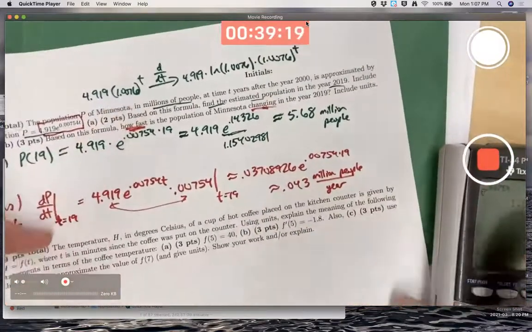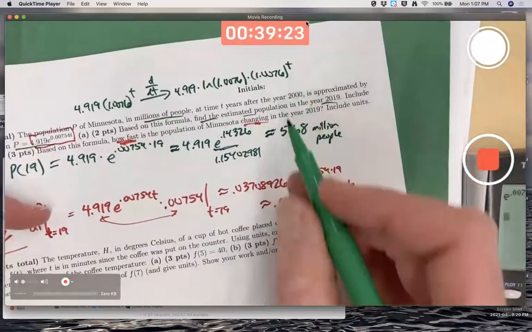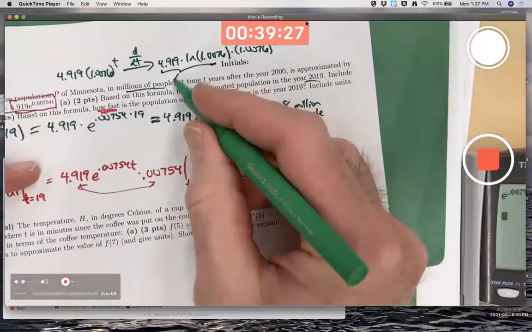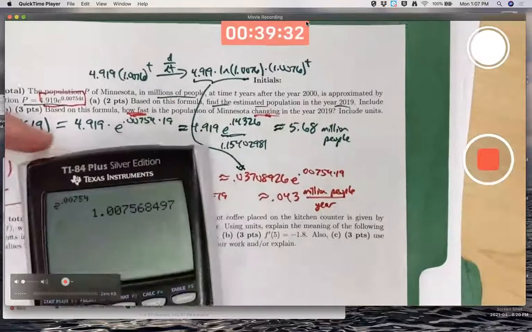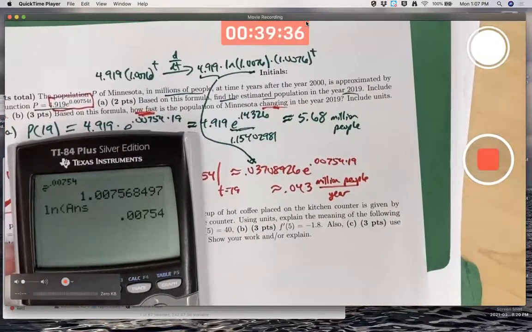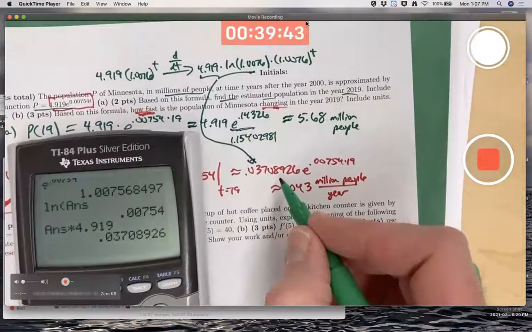And we don't need the chain rule there because it's a t power, but it does give you the same answer because this product right there does equal this number right there. Let's just double check that. ln of this number, that's the 0.00754 times 4.919, does give you 0.037089.